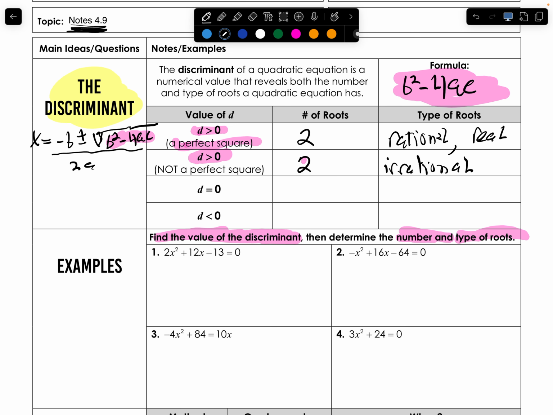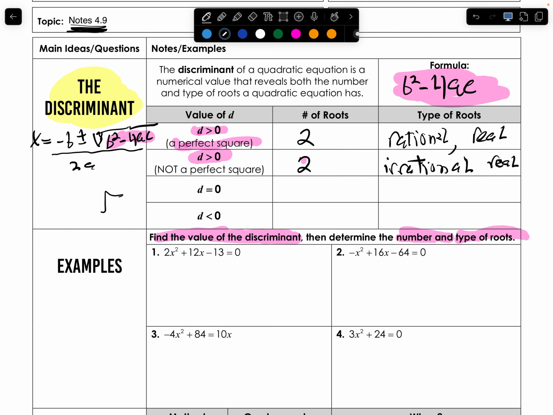Okay, because you're going to have a square root of something, like you'll have a square root of 12 under there, and you can simplify it a little bit to 2 square roots of 3, but you can't simplify the square root of 3. It's a decimal. So in that case, you would have irrational roots. You can just say real if you're too confused.